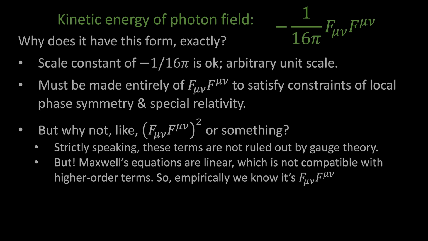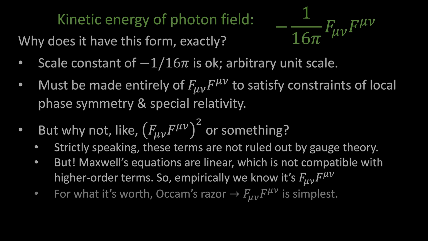Okay, but technically that kind of feels like we're cheating, because we know we want to get Maxwell's equations, we know they're linear, and so we're kind of preempting that, making sure that F mu nu is simple. And that's actually a good point. So let me just confess that right now we're leaning a little bit on Occam's razor, and we're just saying, look, this is the simplest Lorentz invariant scalar that we can make out of the Faraday tensor, and so in some sense, this is mathematically the most plausible form of the Lagrangian that we can come up with.